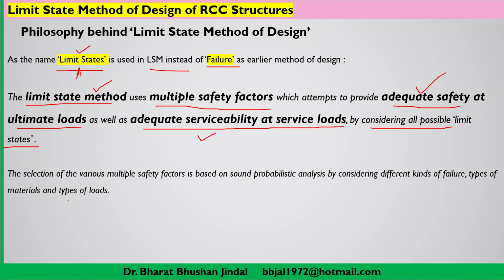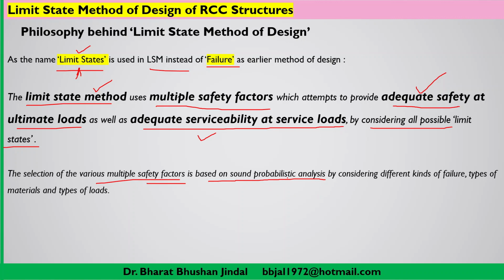The selection of various multiple safety factors: here we are using multiple safety factors. So how do we select them? What will be the value of the safety factor? Later on we will term them not just safety factors, but partial safety factors, based on sound probabilistic analysis.